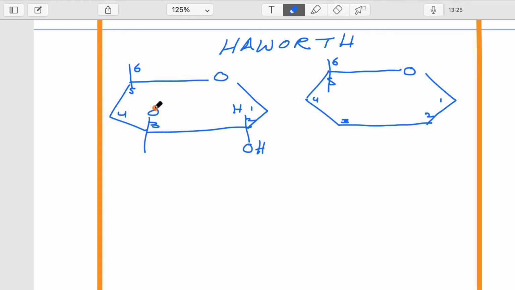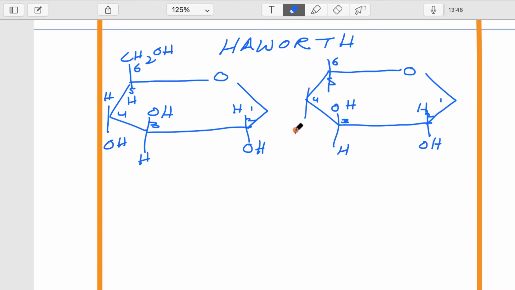Here it is reversed, and here OH below the plane. Here also second carbon, no change, OH here, and here it is H, OH, and then H. Here it is CH2OH. Now let me see the first carbon.